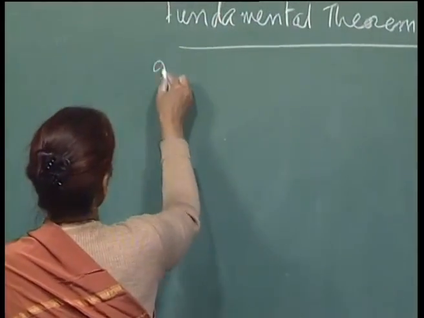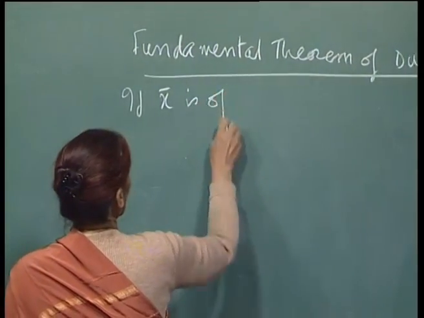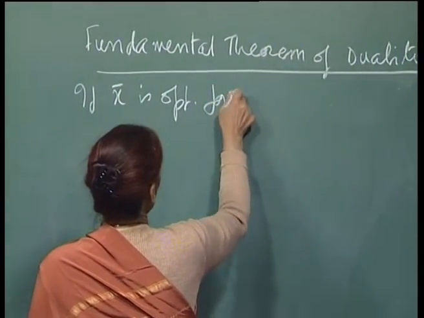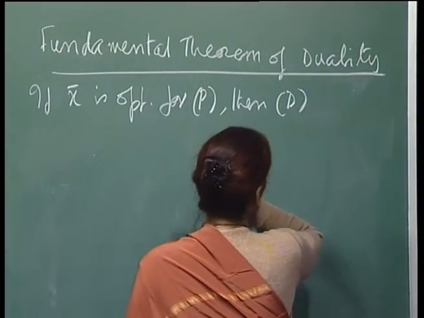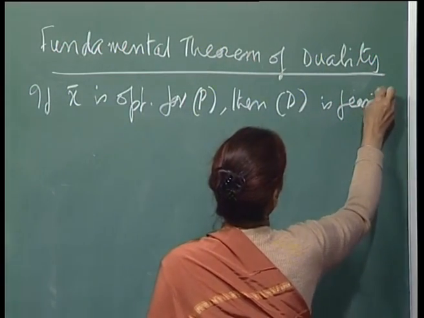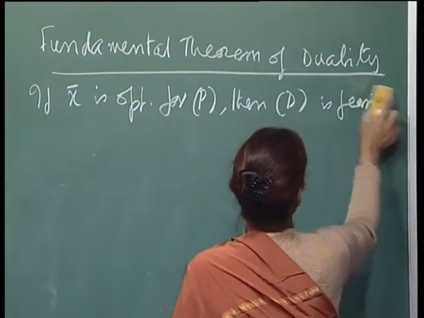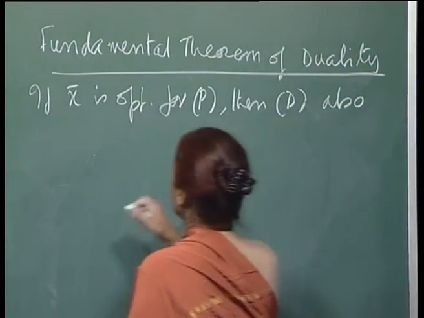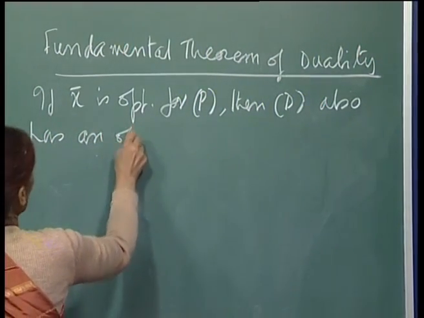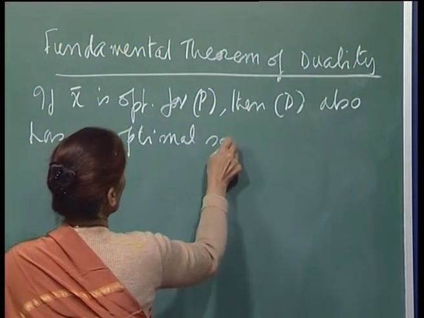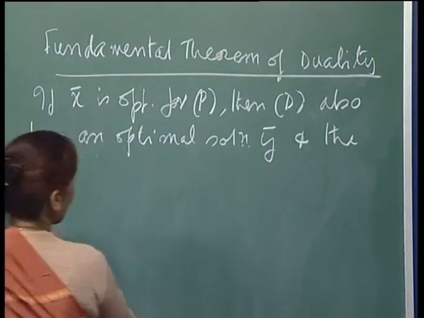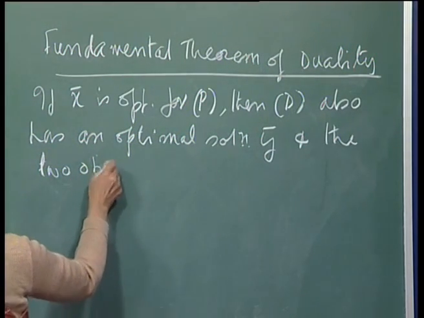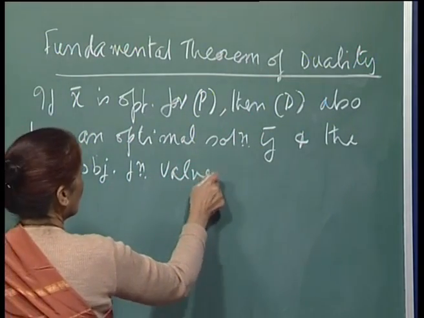So, let me now give you the fundamental theorem of duality, which says that if x bar is optimal for P, then the dual problem D is feasible, then D also has an optimal solution y bar, and the two objective function values are equal.